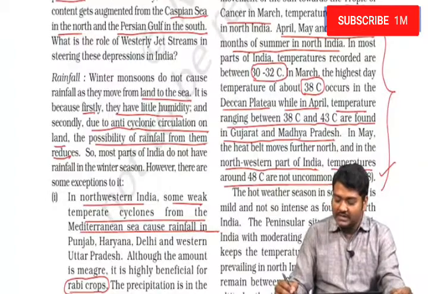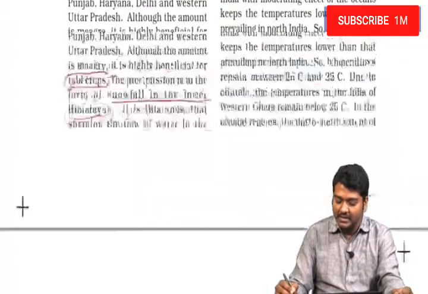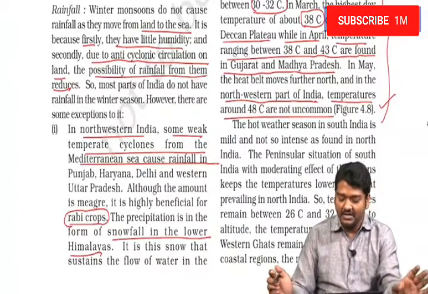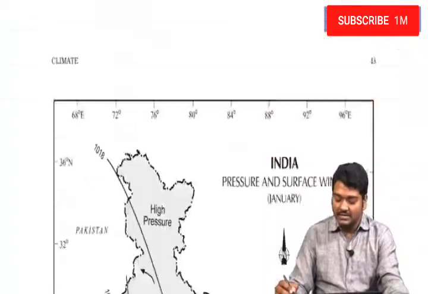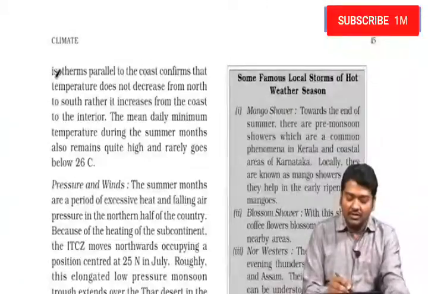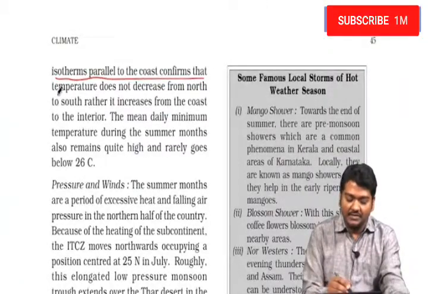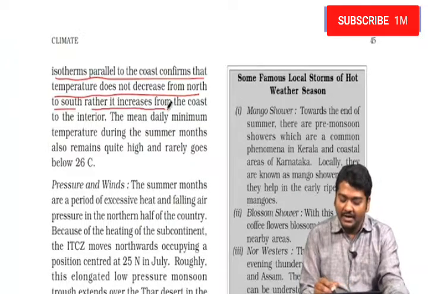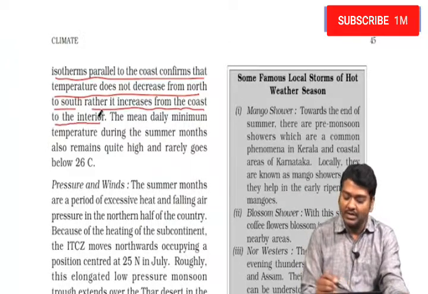The hot weather season in South India is not intense, similar to the winter as well, because of the breeze that takes place. This is very, very important for us. Some of the isotherms are parallel to the coast, which confirms the temperature does not decrease from north to south, rather it increases from the coast to the interior.